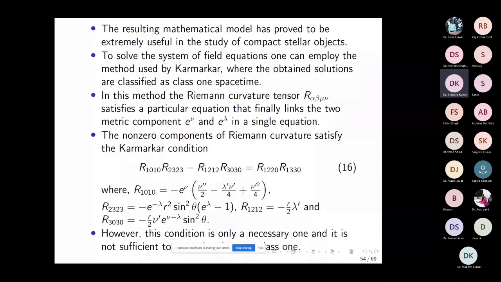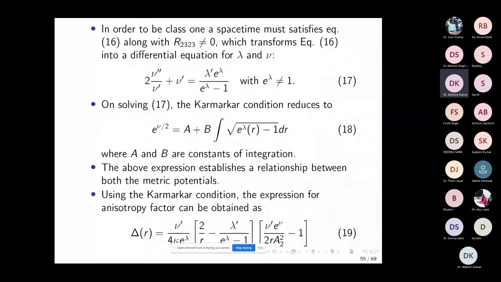This Karmarkar condition is given by equation number 16, that is R_1414 equal to R_1212 R_3434 over R_2323, plus R_1224 R_1334 over R_2323. Here R_2323 must be non-zero, and when we put the values of these Riemannian curvature tensors in equation number 16, it reduces to equation number 17.